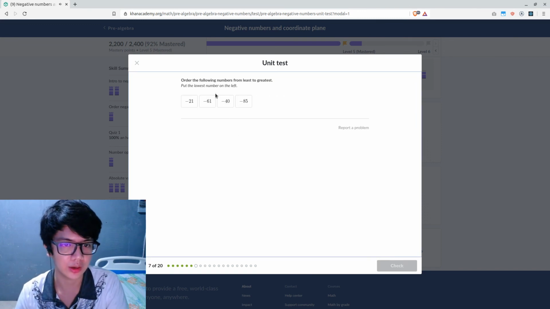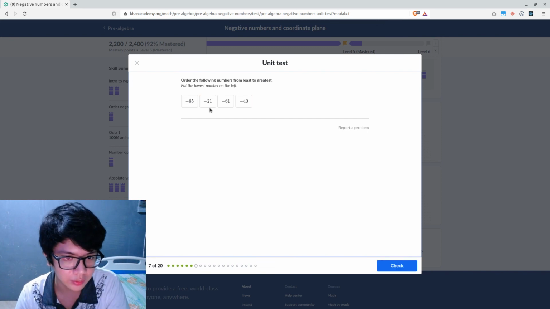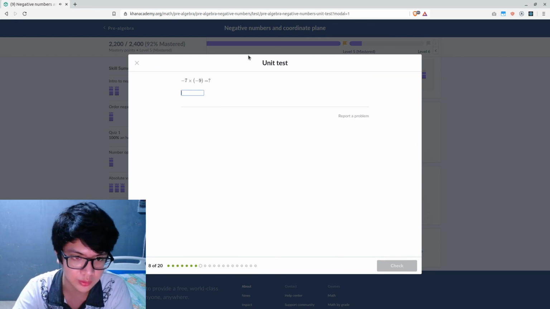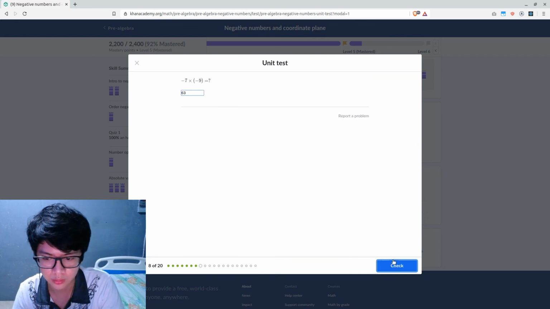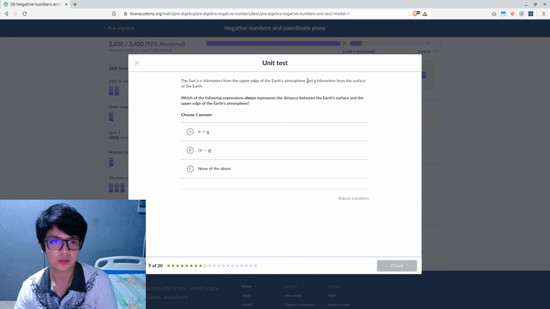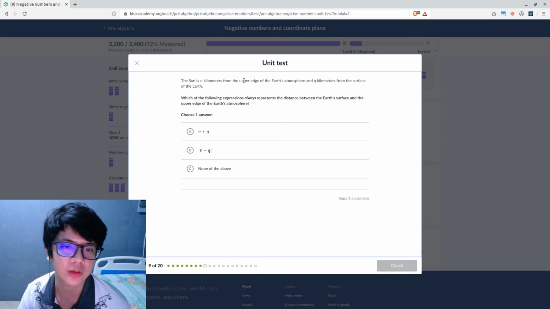Okay. List the greatest. Lowest number on the left. 85, 61, 14. Okay. It's gonna be 63, right? The sun is v kilometers from the upper edge of the Earth.